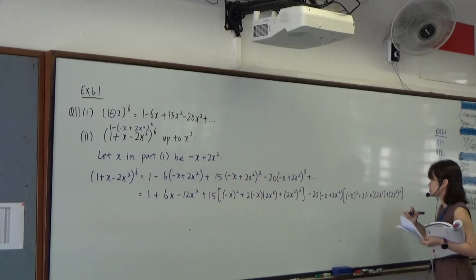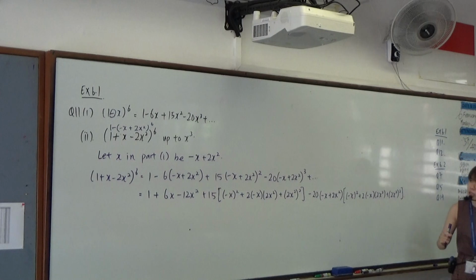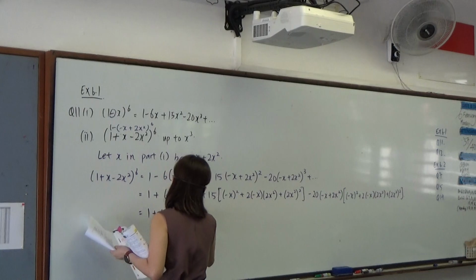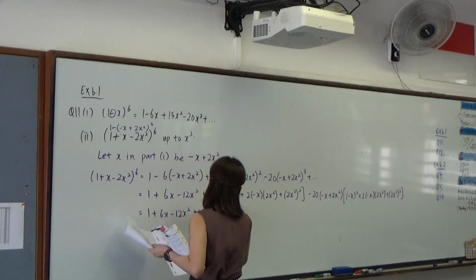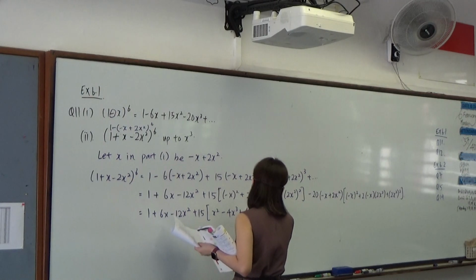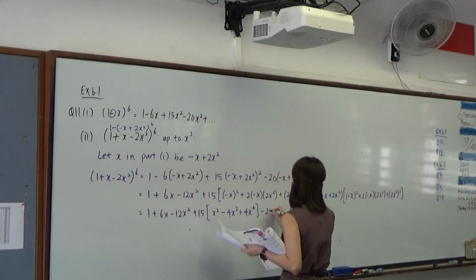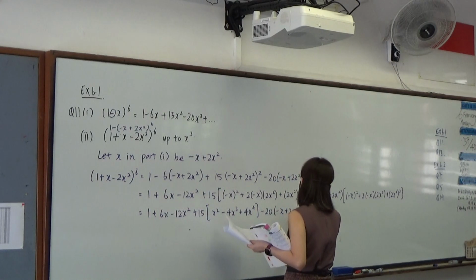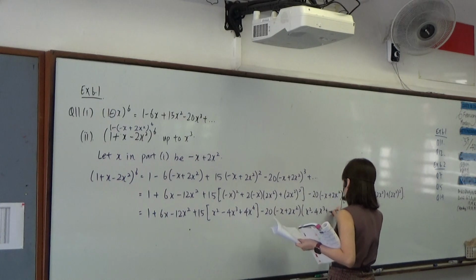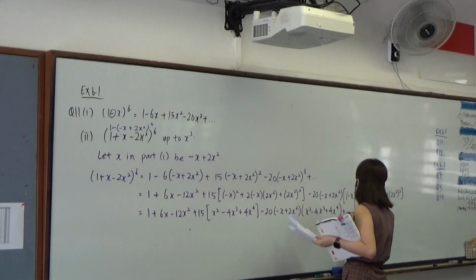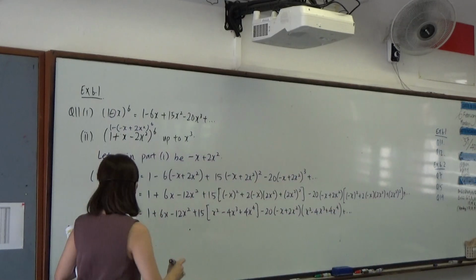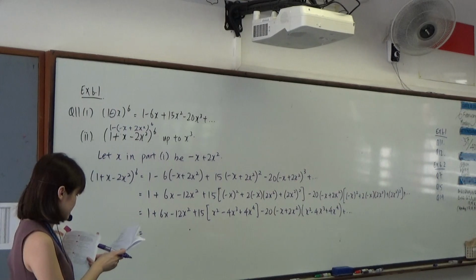Okay, and then x squared minus 4x cubed plus 4x to the power 4, minus 20. Am I right so far? 1 plus 6x minus 12x squared.